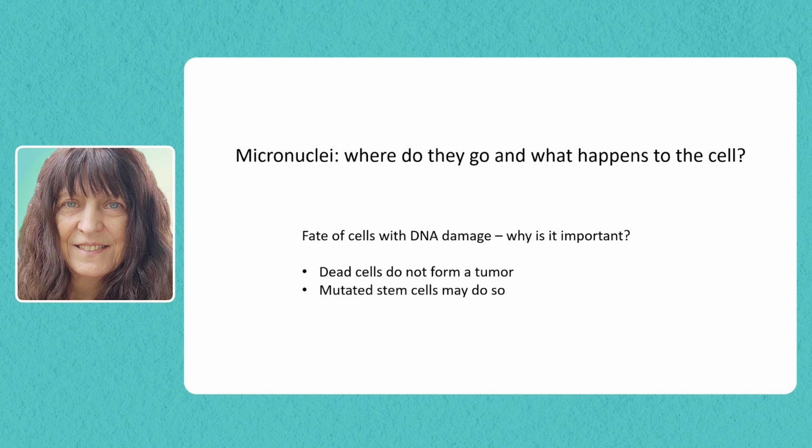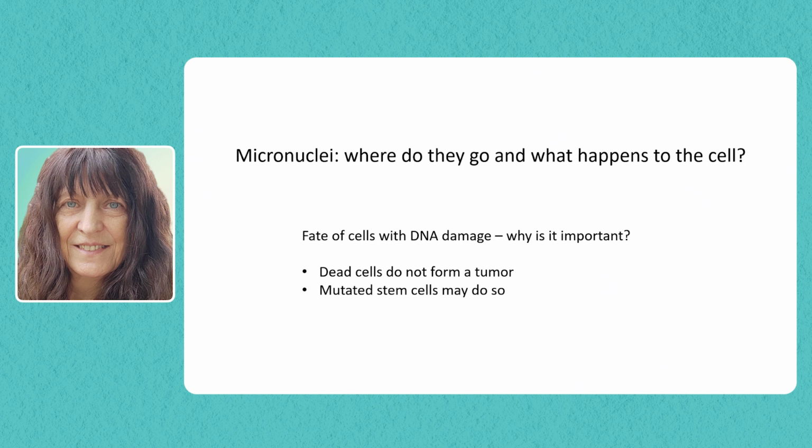Now the question is, these micronuclei containing cells, what happens with them? Where do they go? Do they just stay around? Do they form daughter cells with micronuclei or without micronuclei? And why is that even important? Well, it is important because if they die, then they cannot form a transformed cell, a tumor. We are doing this genotoxicity testing to identify substances that pose a carcinogenic risk because they are mutagenic.